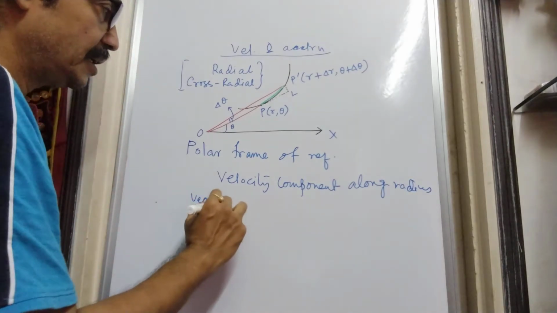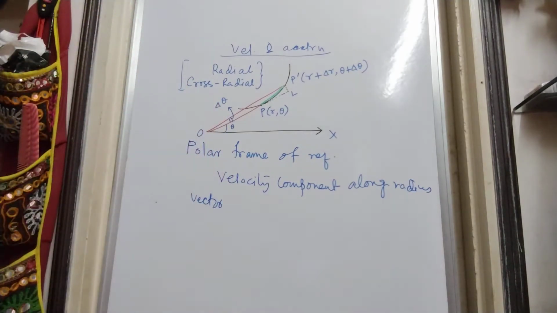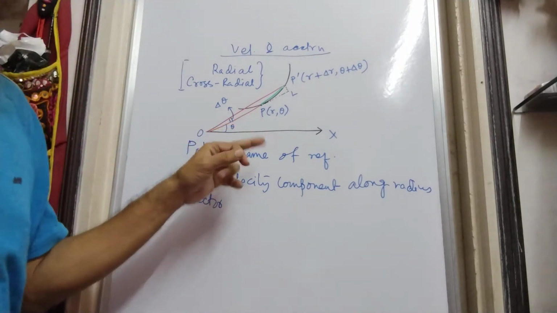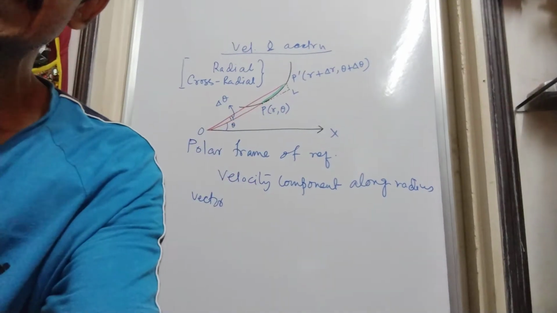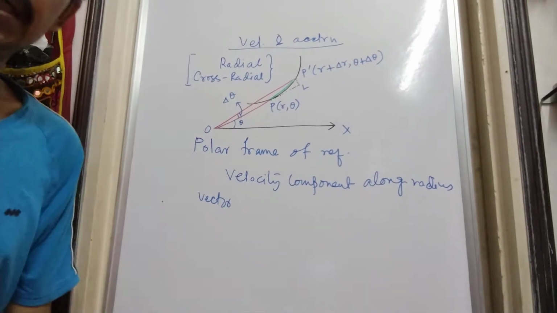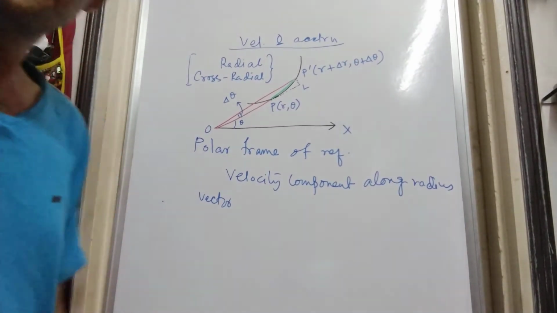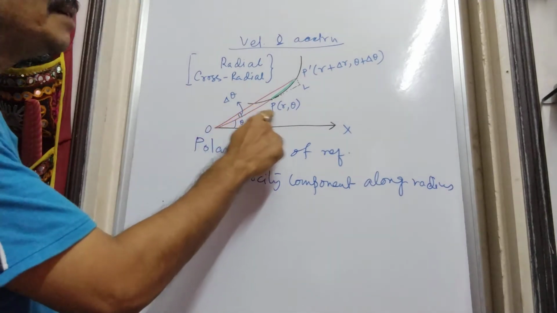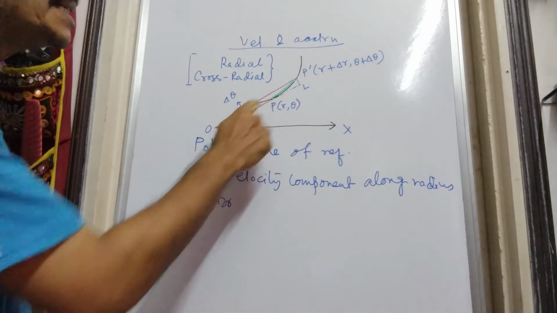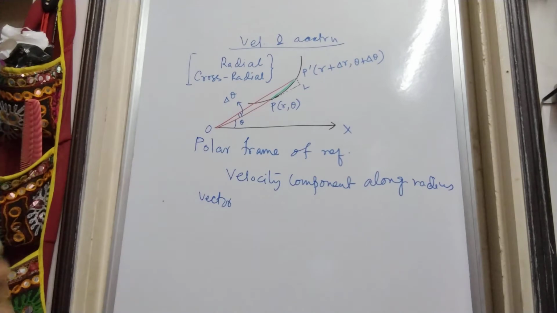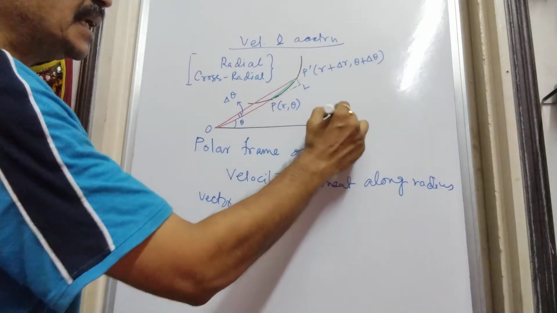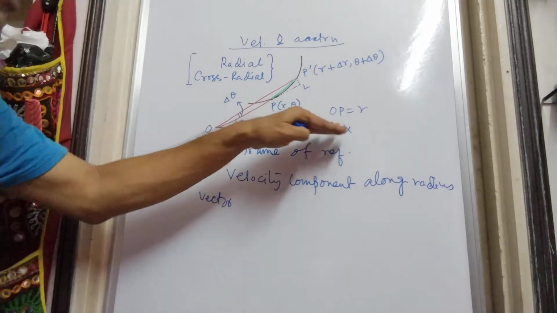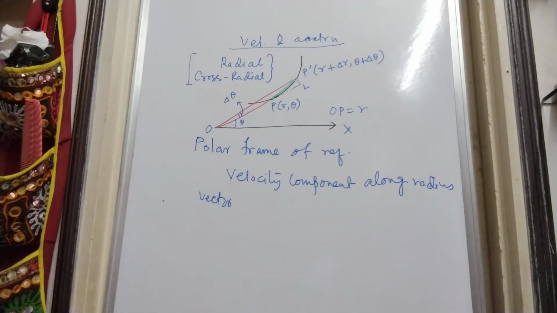So in this diagram, let us take a look at the diagram pensively. This is a point P having coordinates r and theta. So OP is the radius vector r, and theta is its angular elevation with respect to this initial line OX.